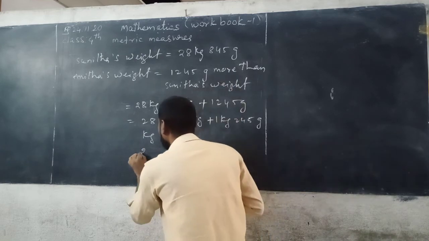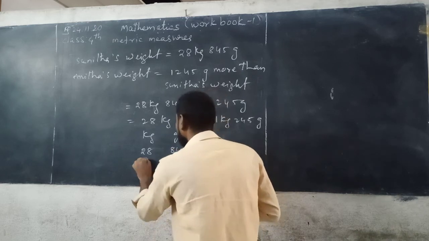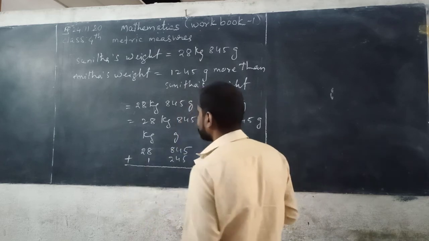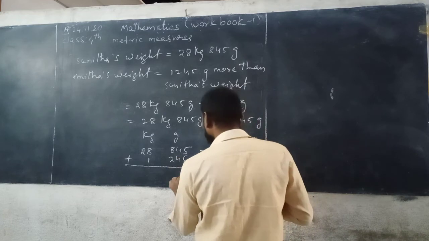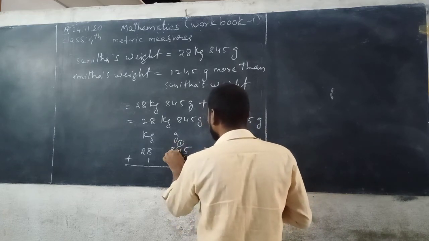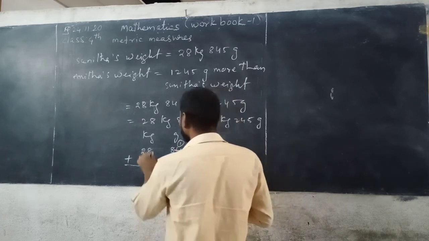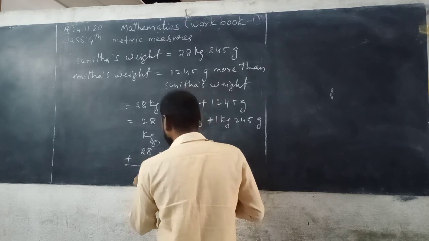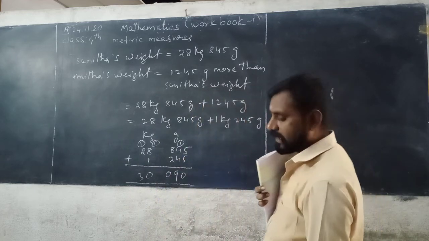Now here 28 kg 845 grams. Next 1 kg 245 grams. See here, 5 plus 5, 10, 0 taking, 1 carrying. 1 plus 4, 5. 5 plus 4, 9. 8 plus 2, 10, 0 taking, 1 carrying. 1 plus 8, 9. 9 plus 1, 10, 0 taking, 1 carrying. 1 plus 2, 3. So the weight is 30 kg 90 grams.